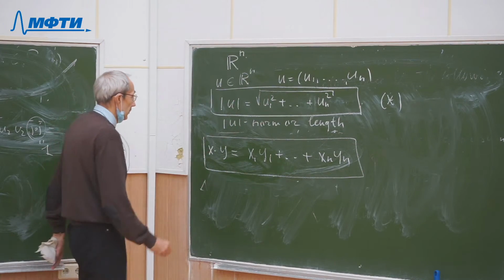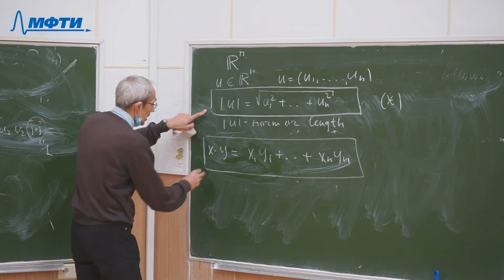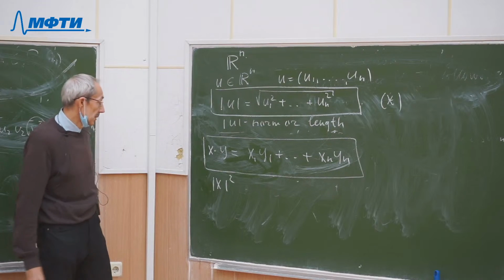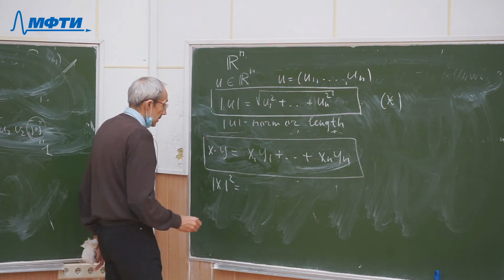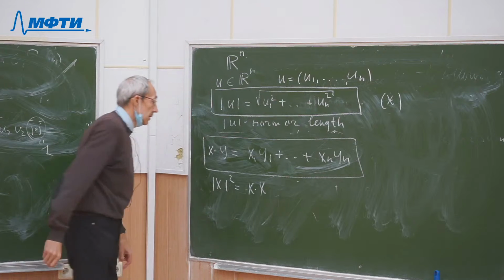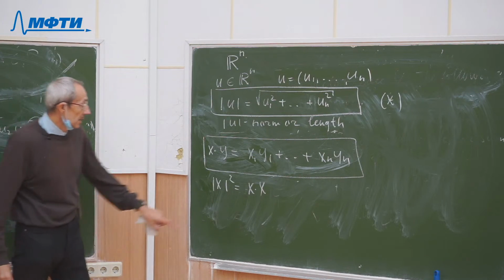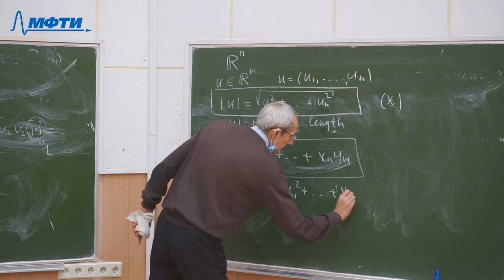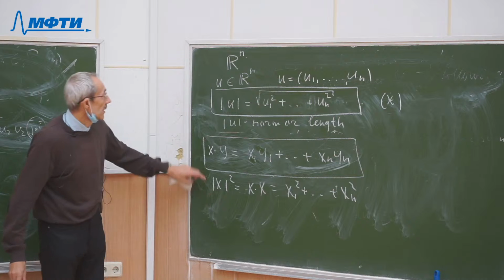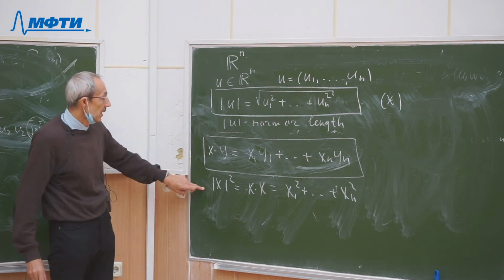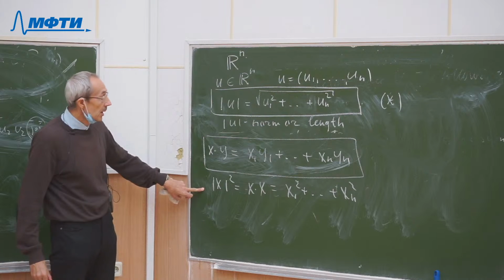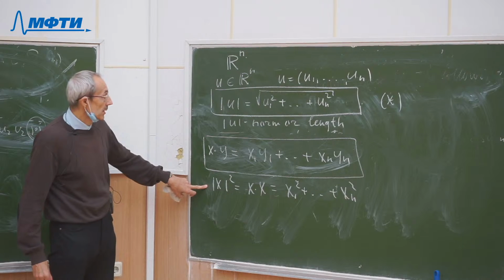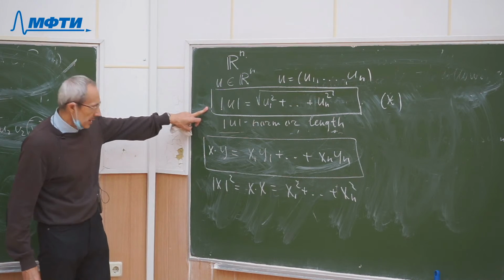And we can see that the square of vector x is the scalar square, and we obtain that these two definitions of distance, the distance between two points and the length of the vector, are coincident.